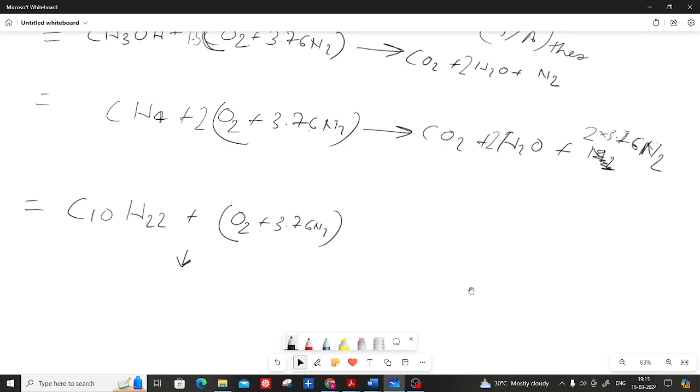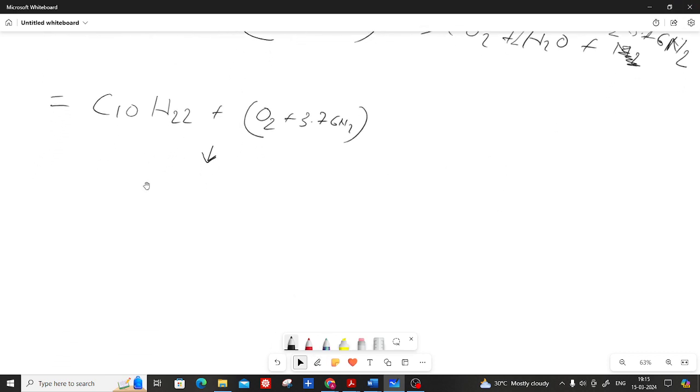Now C10H22, first you balance, so the product will be CO2 plus H2O plus N2. Now you need to balance this. So first you balance carbon. There are 10 carbon atoms, so you multiply this with 10. Now you balance hydrogen.